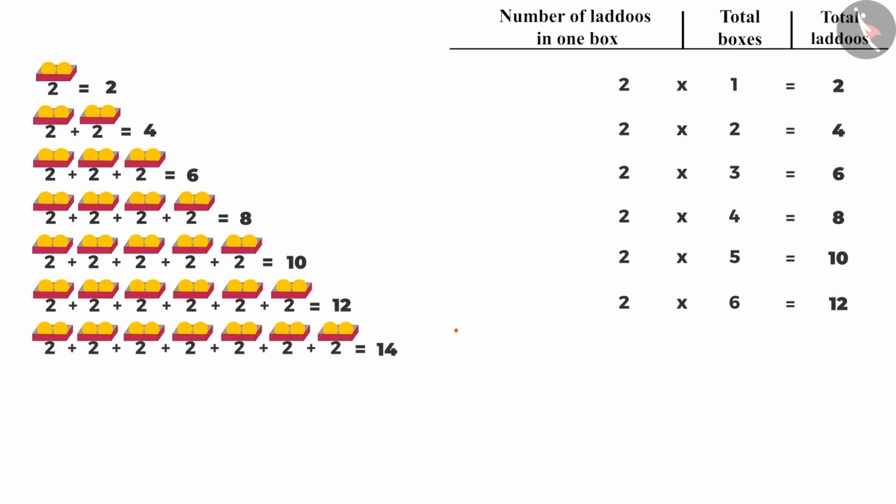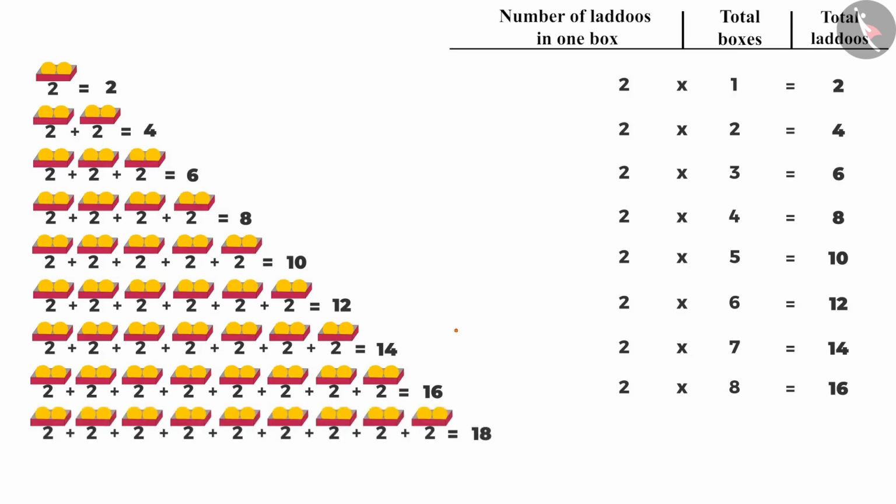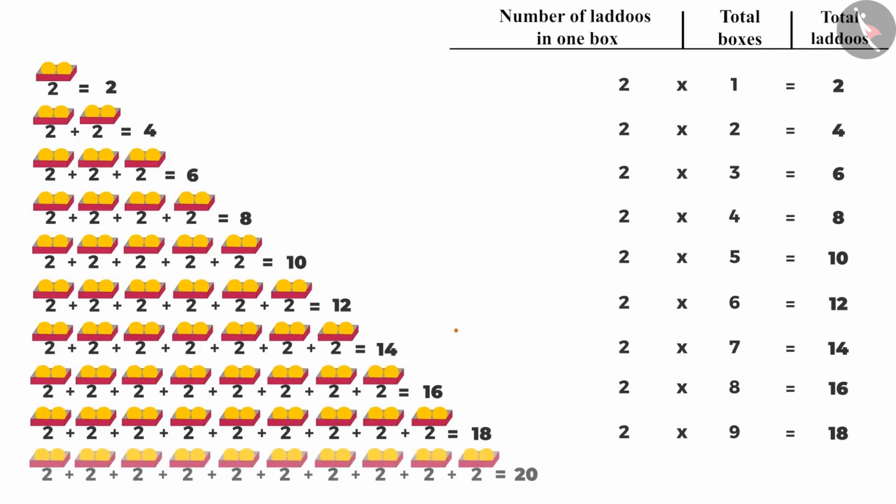In 7 boxes, 2 multiplied by 7, that is 14. In 8 boxes, 2 multiplied by 8, that is 16. In 9 boxes, 2 multiplied by 9, that is 18. And the number of laddus in 10 boxes will be 2 multiplied by 10, which comes to 20.